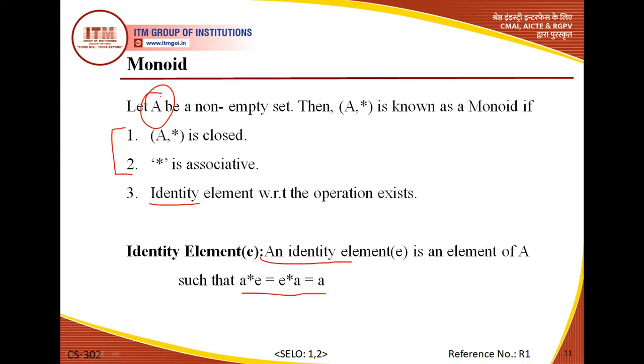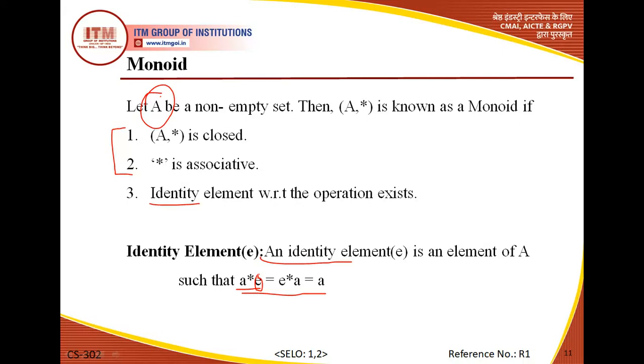For all the sets and with respect to all the operations, we have an identity element. If we talk about addition, the identity element would be zero, because if you add zero to any element, or add any element to zero, the answer would be the other element.